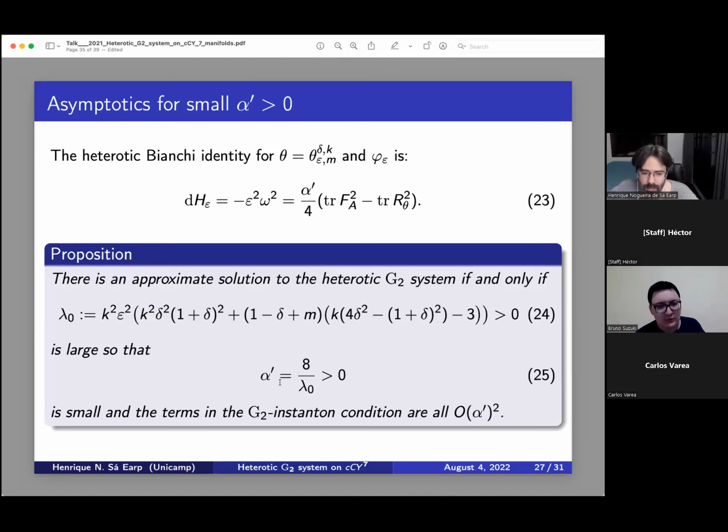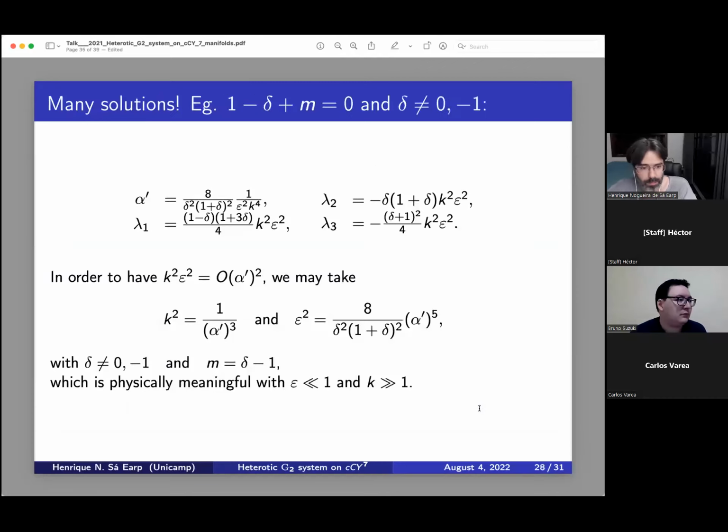So they're in an inverse relation. And then it turns out that one can always choose several combinations of these, in fact causing the instanton equation to be satisfied to, in some sense, arbitrary orders of alpha prime.